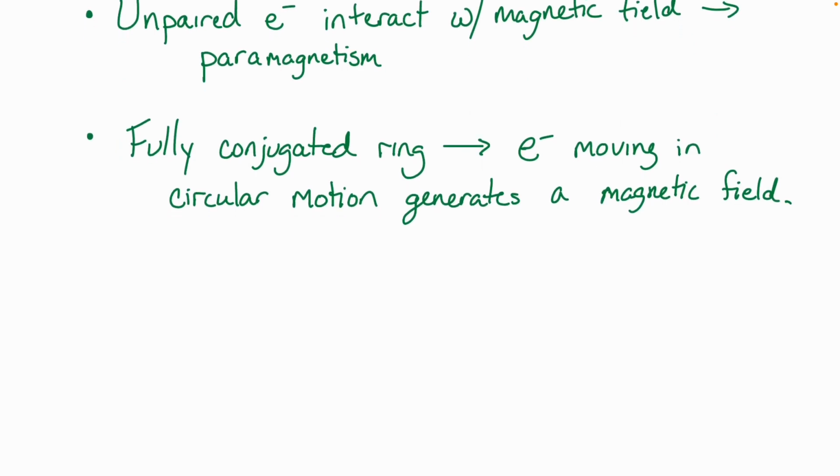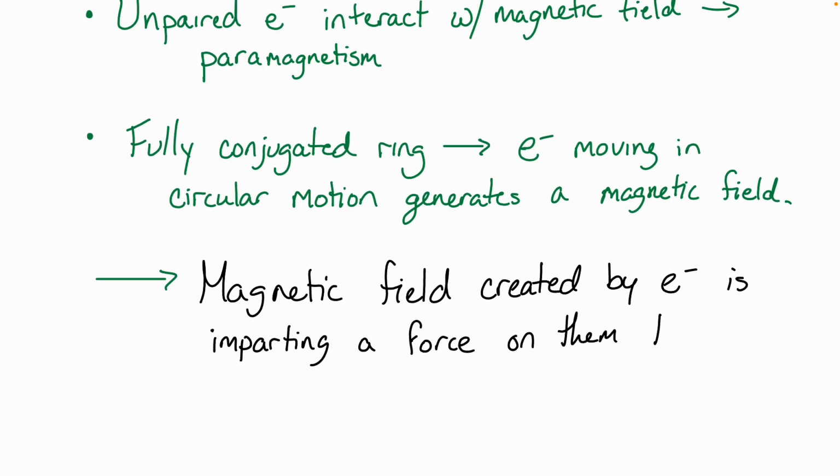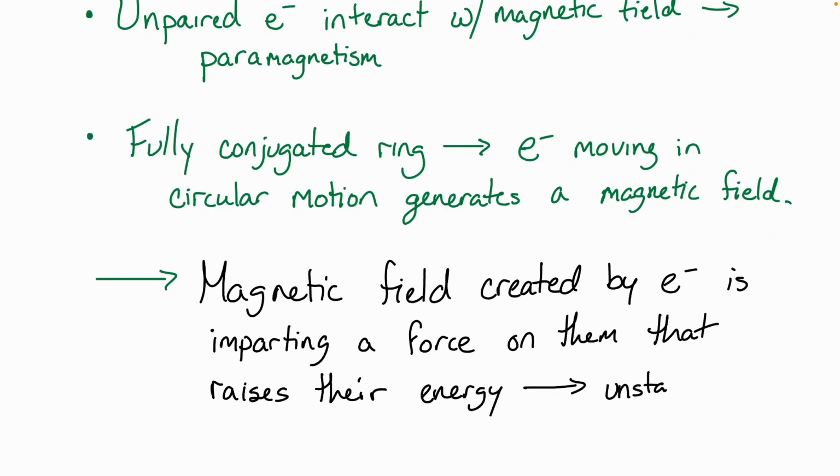So the punchline here is the magnetic field created by these electrons is imparting a force on them that raises their energy. And this is what leads to our unstable compound.